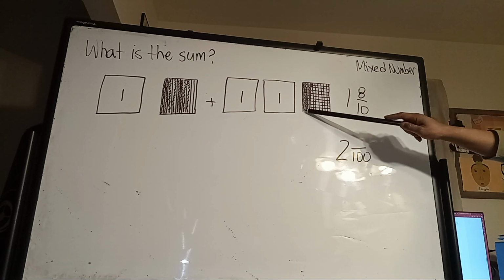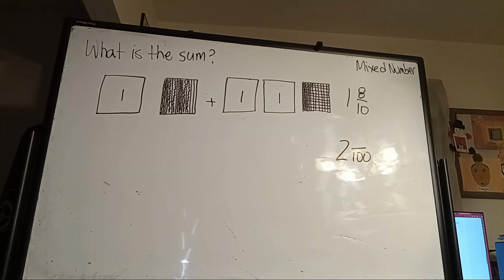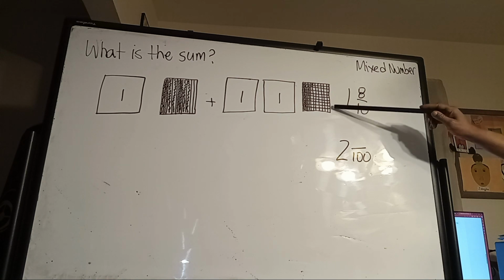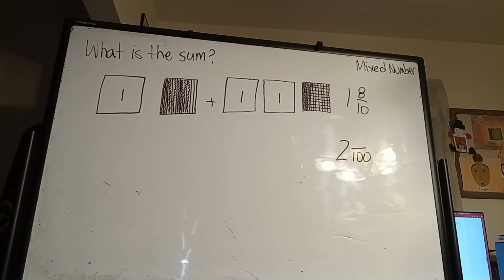We have 1, 2, 3. But those whole rows are filled. So even though it's split up into ones, each row still equals 10, like over here, 1 whole 10.